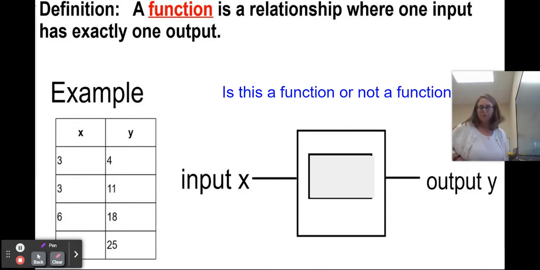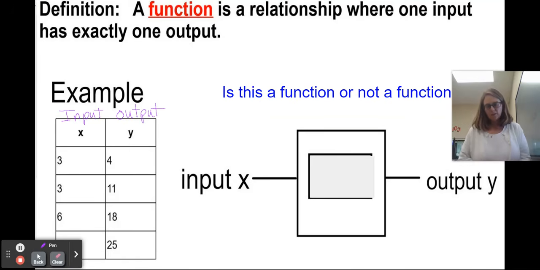All right, on the next screen, same definition at the very top. A function is a relationship where only one input has exactly one output. So let's take a look at this table. Our input is our x, just like on the previous table, and our output is our y.